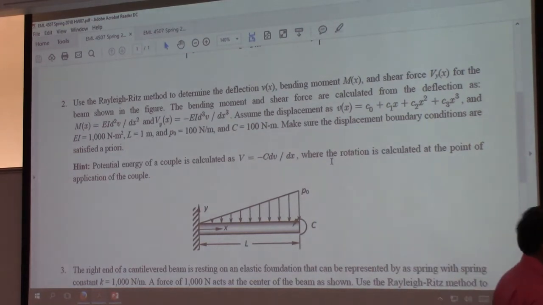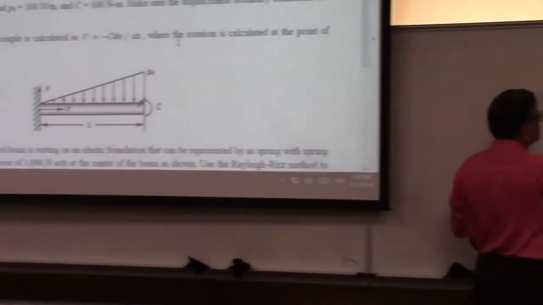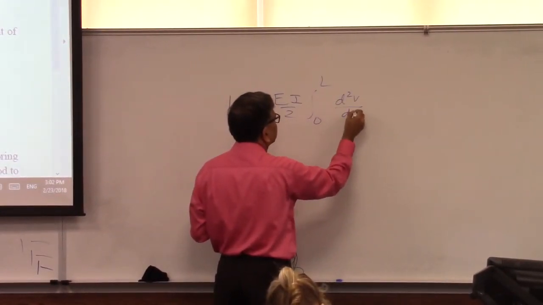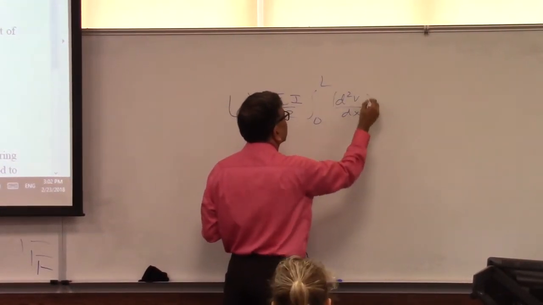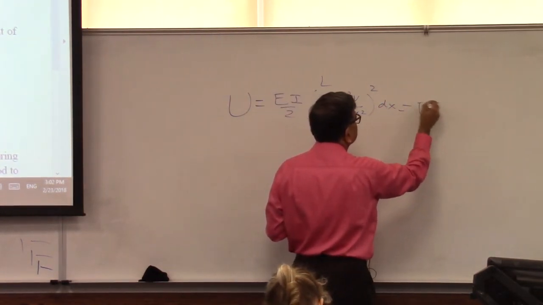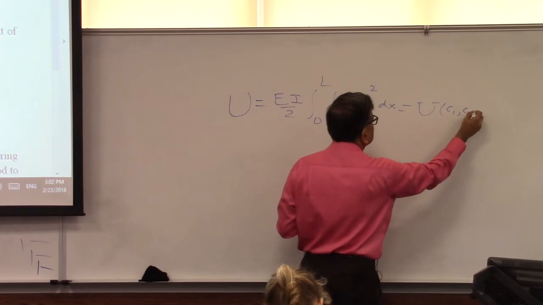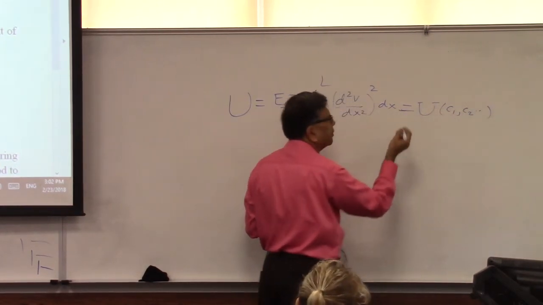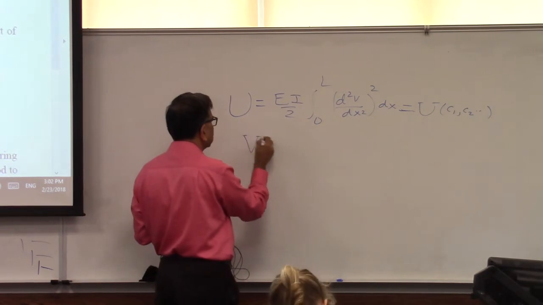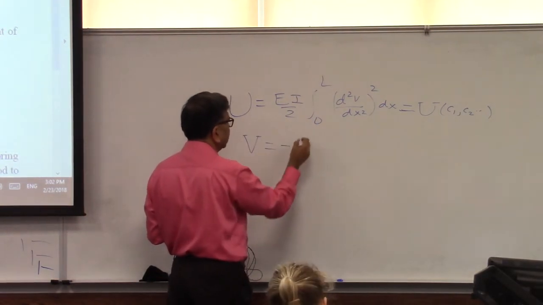Once you start with an acceptable function, you calculate the strain energy using the simple formula EI over 2 integral 0 to L, second derivative of the deflection squared dx. So that will be a function of some constants, C1, C2, whatever constants are in your problem, A, B, C. Then we have to calculate the potential of external forces with a negative sign.